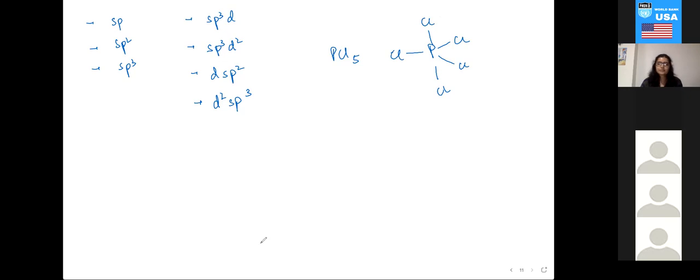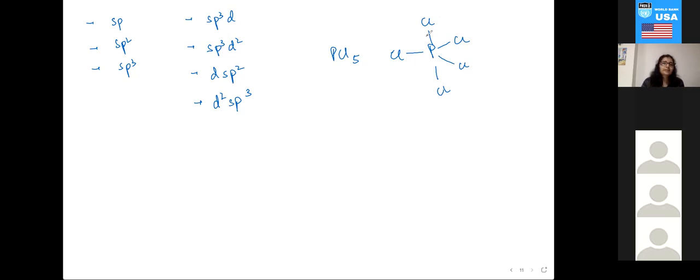No, only the sigma bonds. Because for pi bonds, only the p orbital is capable of forming them, and the condition for a pi bond is that it needs to be perpendicular to the axis where the nuclei are. So whenever there is a question of a pi bond being formed, some p orbitals are going to remain as they are. They're not going to take part in hybridization. You consider only the sigma overlaps.